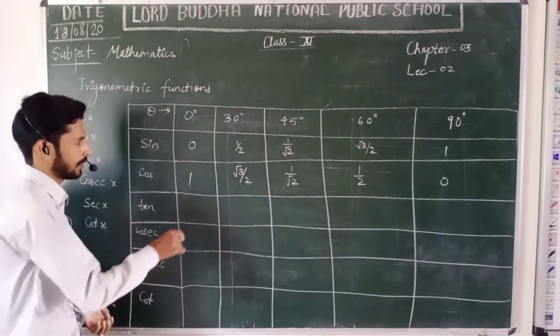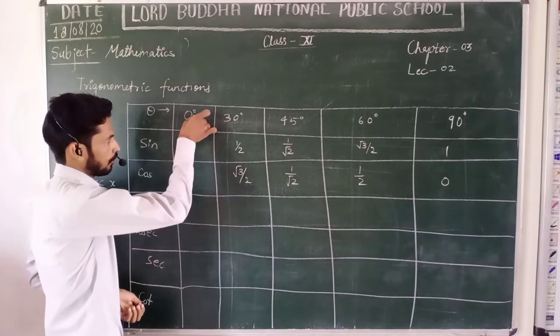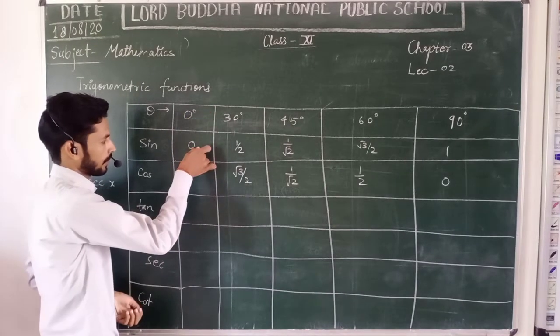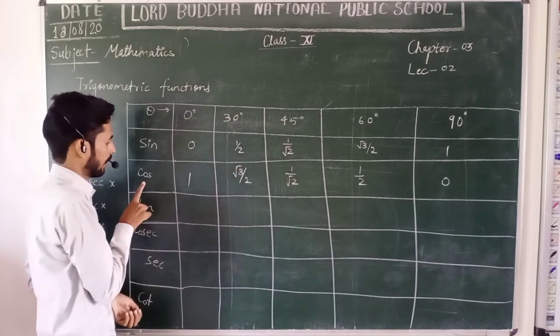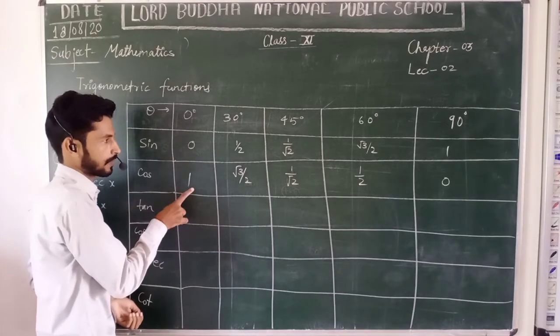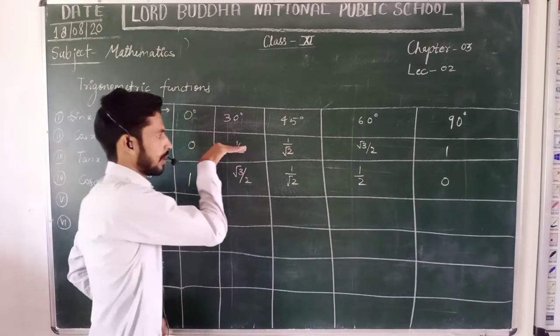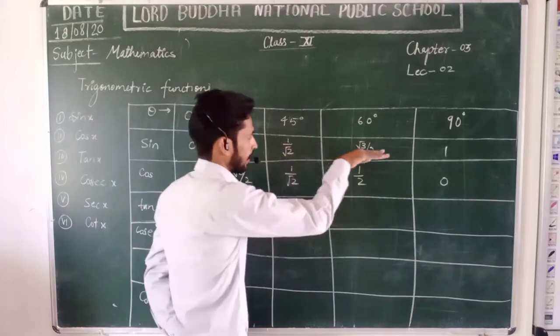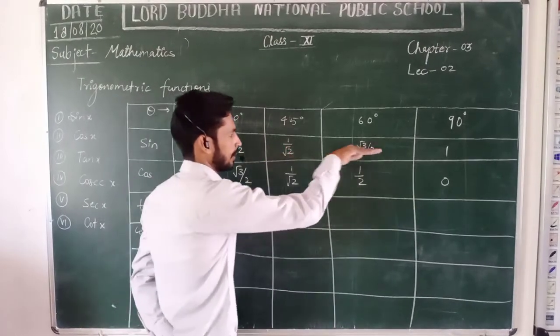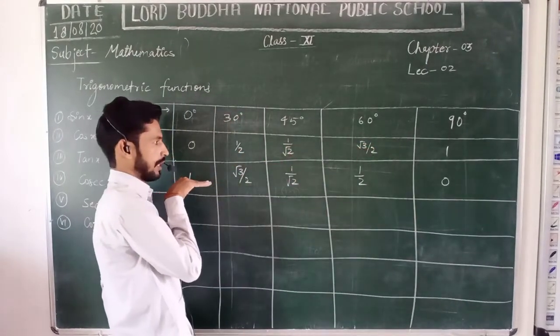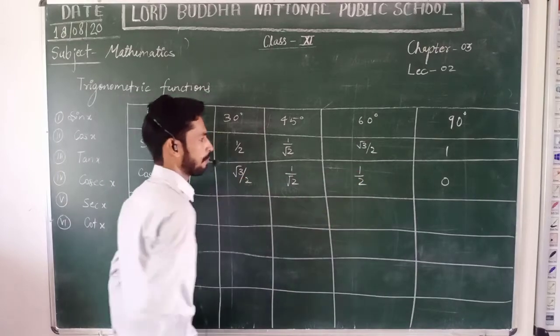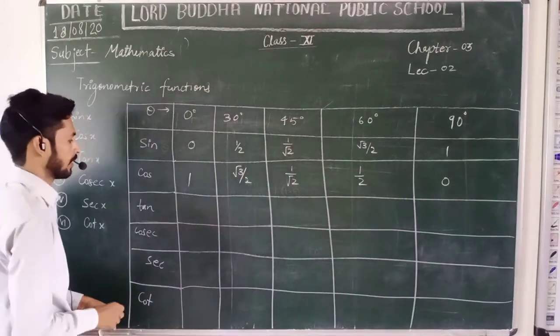So you can check here, when the value of sine 0 is 0, at this angle the value of cos is 1, and as we go along the horizontal direction, the value of sine function is increasing, but the value of cos function is decreasing.